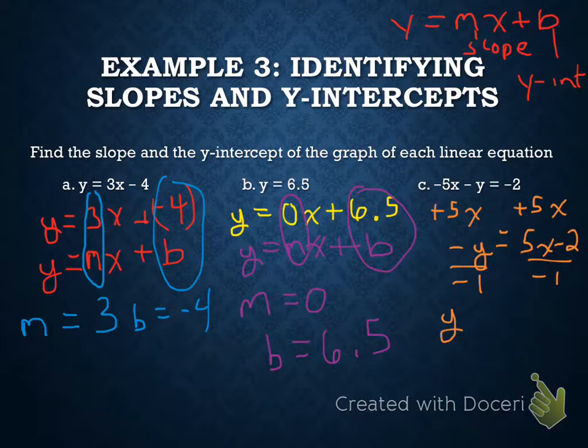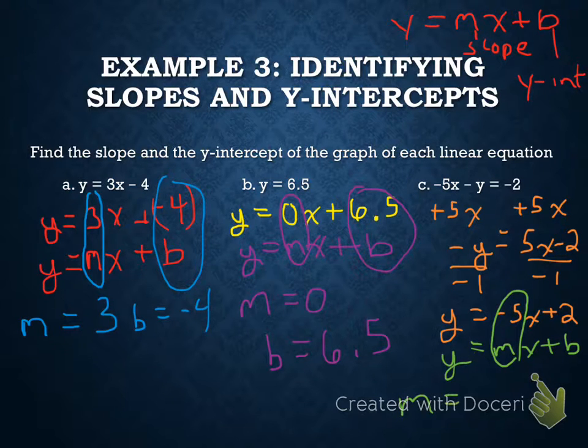That's going to be y equals negative 5x plus 2. And like we said, putting this in y equals mx plus b, it shows that our slope, or m, is -5, and our b, or y-intercept, is right there at 2.